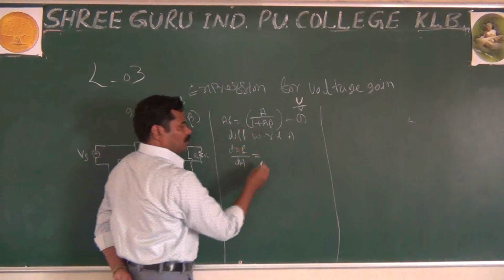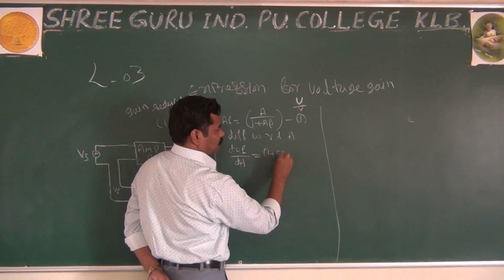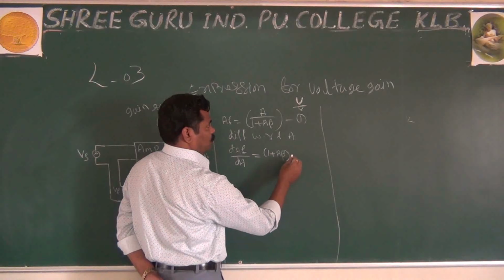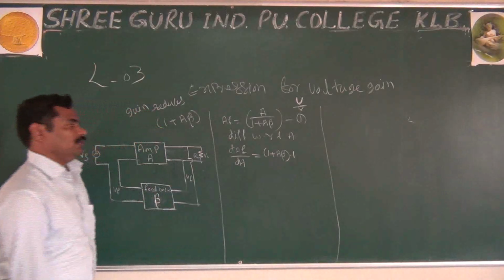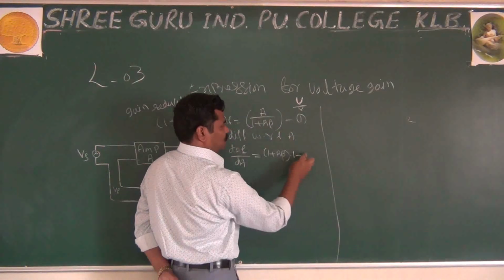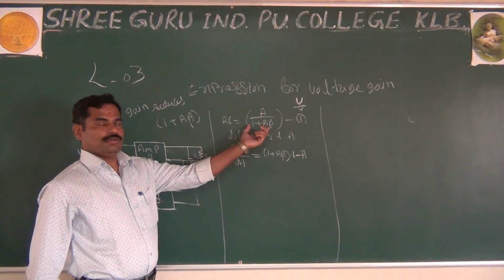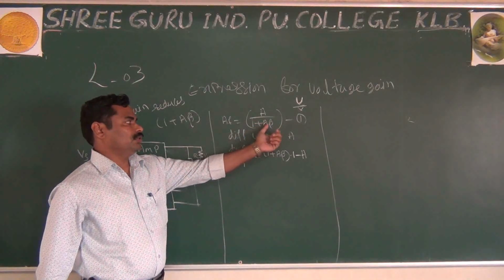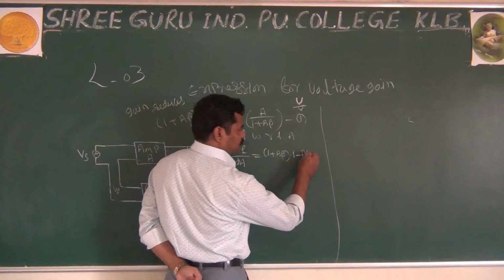Then you write the denominator as it is, 1 plus A beta, and the differentiation of U, that is 1, because we are differentiating with respect to A, minus this U as it is, that is A, and the differentiation of 1 plus A beta: 1 is 0 and here A is 1, beta is constant, it becomes beta.